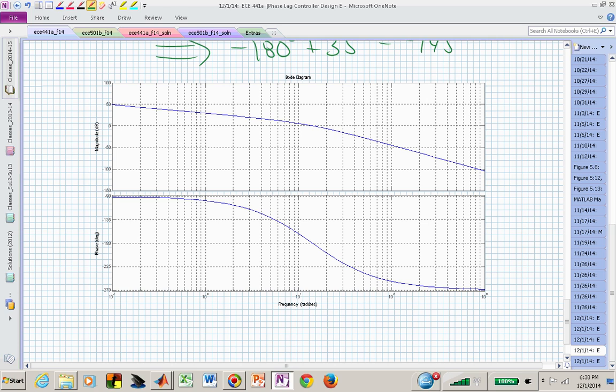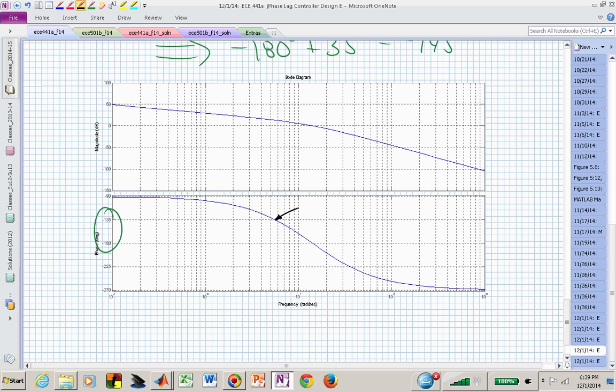Now I would try to find minus 145 degrees, which is somewhere between those two grid locations. It's easier for me to eyeball the frequency where I cross minus 135. So I'm going to just pick that.